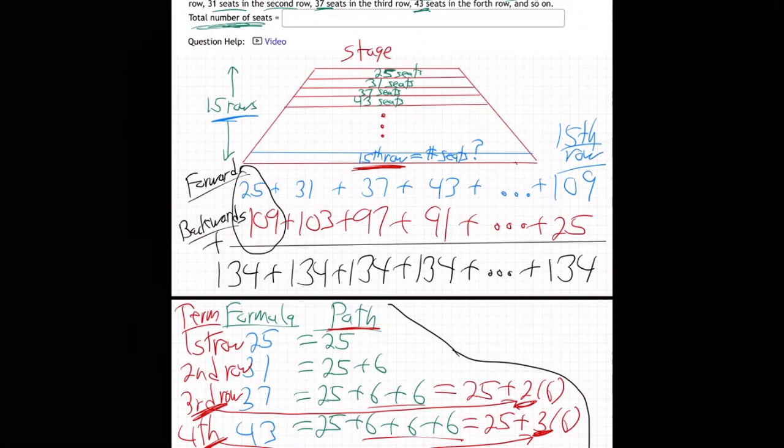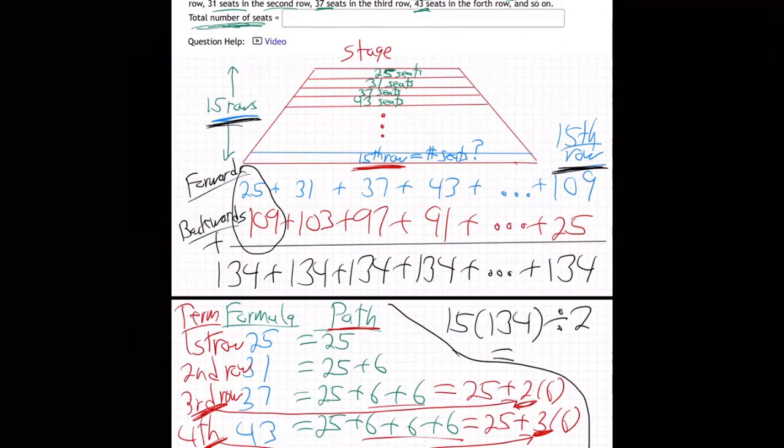Because there's one for every row. And there's 15 rows. This is the 15th row out here. Every row leads to a 134, doesn't it? So yeah, for sure. So we have 15 times 134, but don't forget to divide by 2 because this is the list twice.